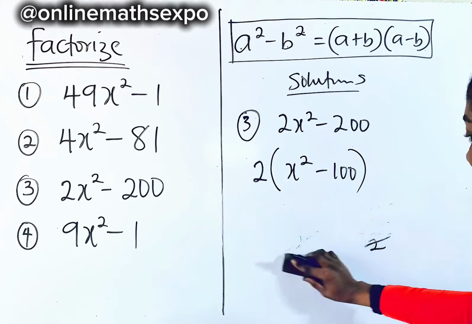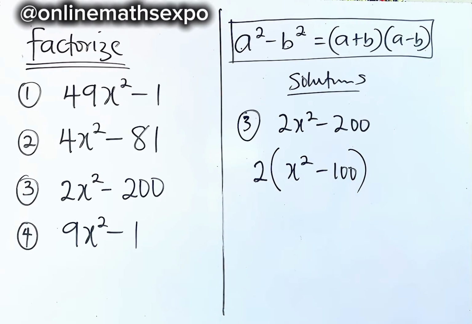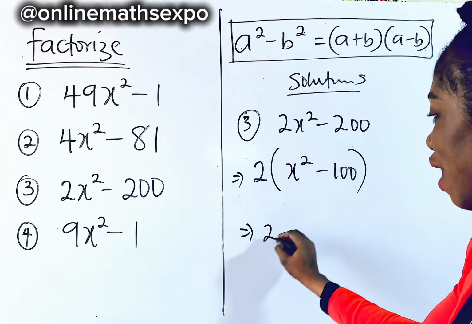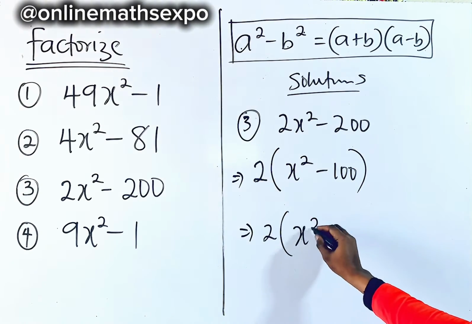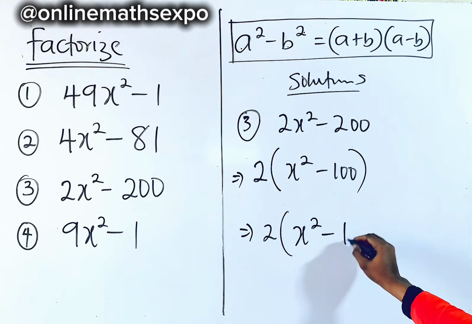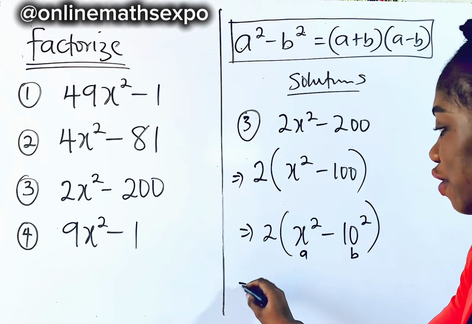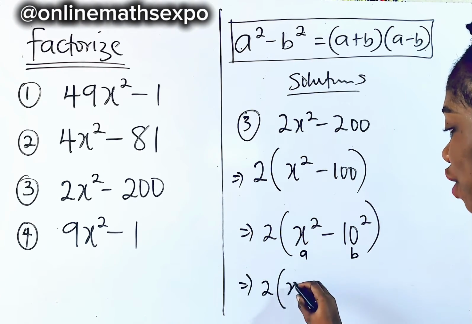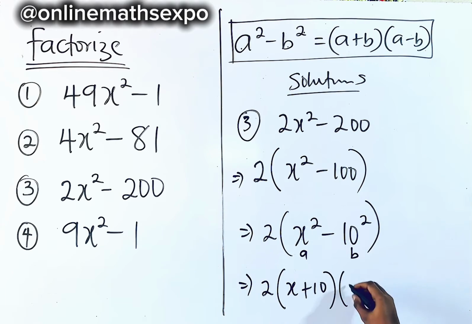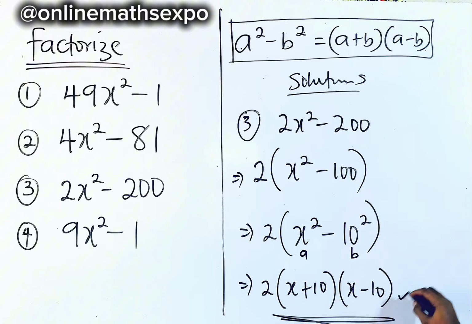You see that 100 is a perfect square and this one is already squared. So if you simplify, you have 2 into x squared minus, 100 is the same as 10 squared. Okay. Now, this is now of this form. This is our A and this is our B. So if you simplify, you have 2 into x plus 10 into x minus 10. And that is all you are asked to do.